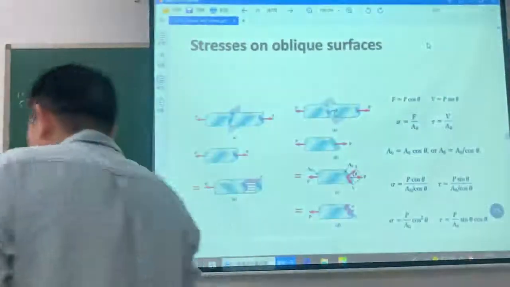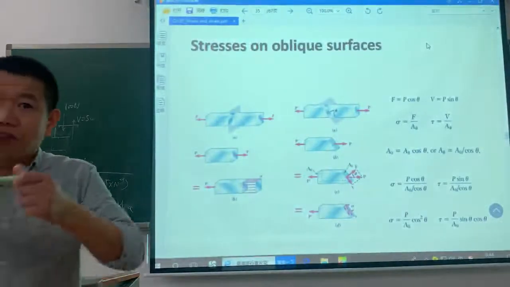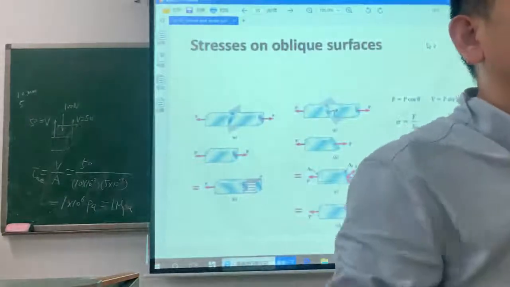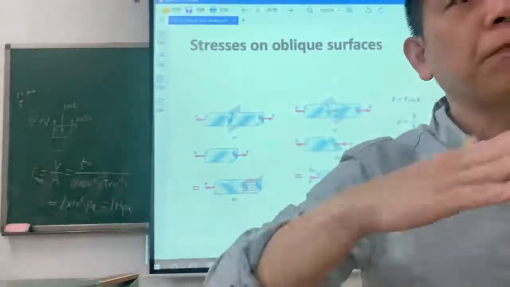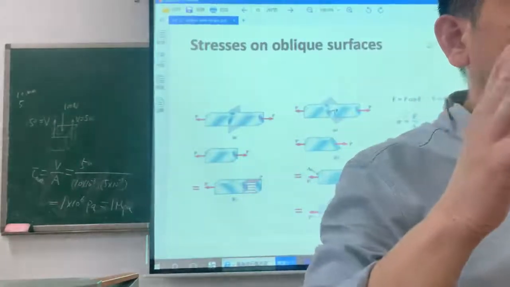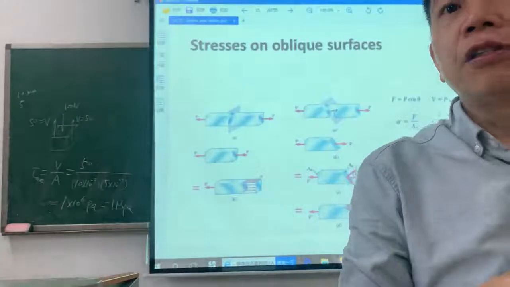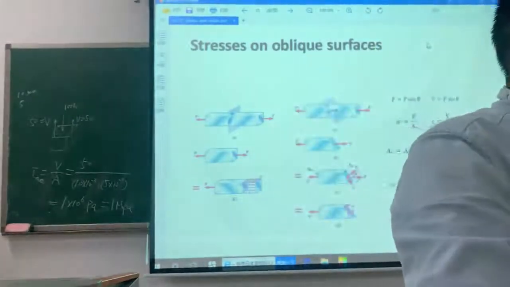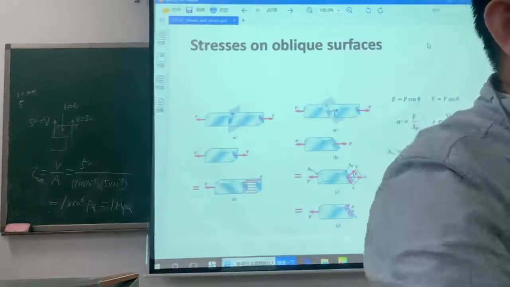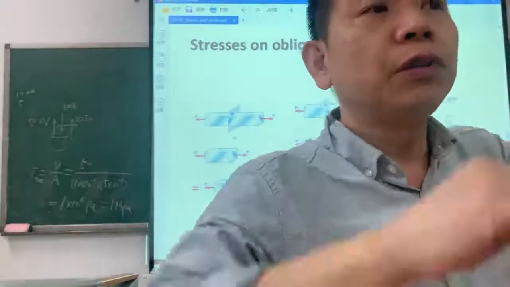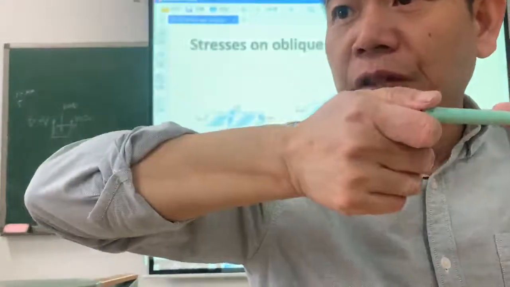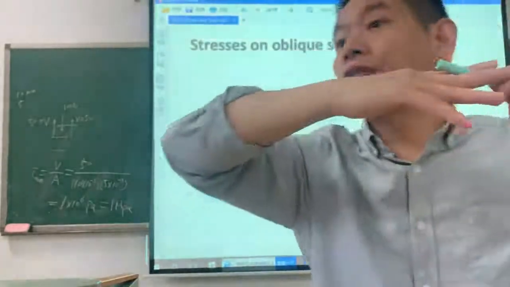When a rod is in torsion, the largest normal stress happens on the oblique surface. When it is in tension, the largest normal stress happens on the cross section. So when it's tension, the cut is the cross section. When it's torsion, the cut is oblique.